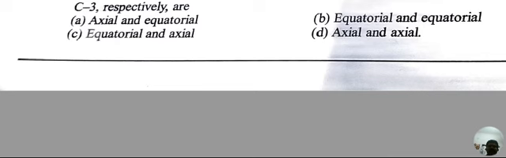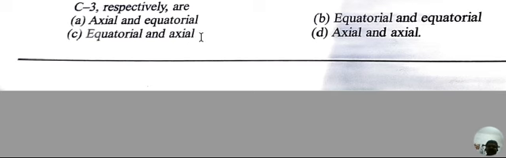Look at this compound. Here the tertiary butyl group is equatorial and the methyl group is axial, and these two are trans with respect to each other. So we can say tertiary butyl is equatorial and methyl group is axial. So the option will be option C, right?